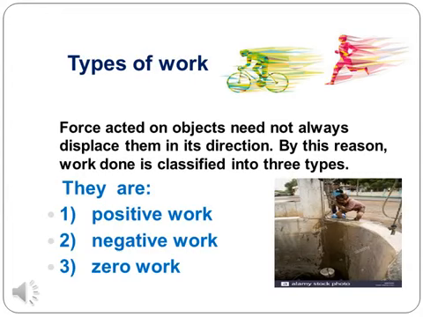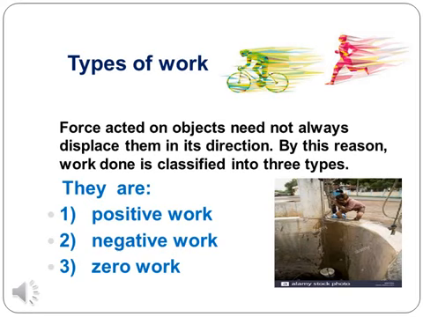Now, I am going to discuss different types of work. You should notice this point. A force acting on objects need not always displace them in its direction. How can we justify this? Consider an example of doing this work.